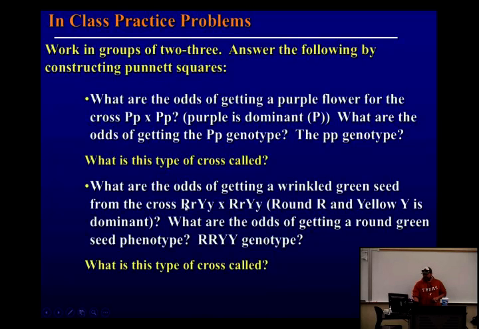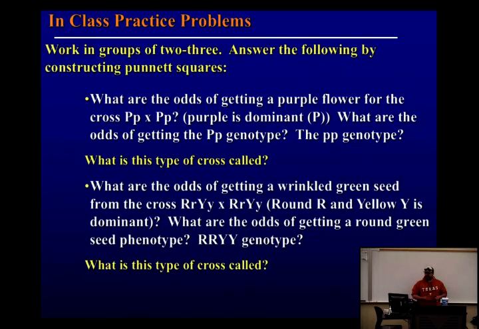What's dominant here? What's that R? Round, and this one is yellow. So wrinkled and green, they're both recessive. So what's the probability of getting both recessives? Remember the ratio is 9 to 3 to 3 to 1?